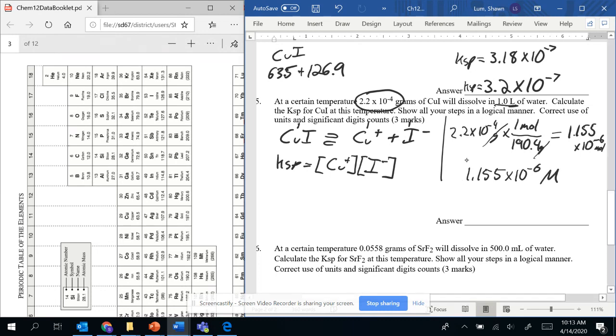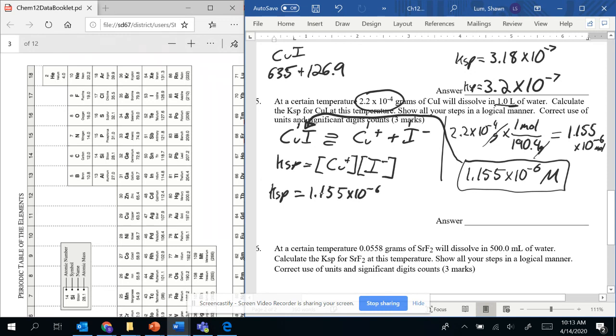Now, since this is the molarity of CuI, it's a 1-to-1 ratio. It's also going to be the molarity of Cu and I. So Ksp is simply going to equal 1.155 times 10 to the negative 6 times 1.155 times 10 to the negative 6.